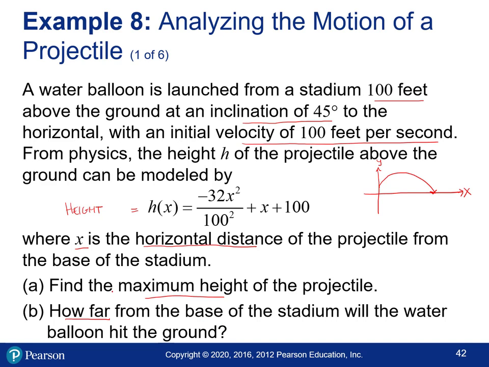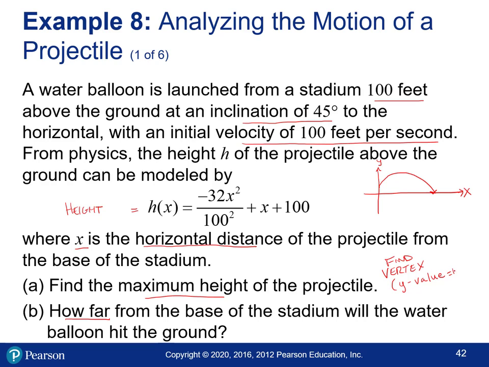Okay, so think about what these questions are asking, and then we'll solve them. So finding the maximum height, if this is a parabola shape that this water balloon traveled in, the maximum height is going to be from the vertex. So for part A, we have to find the vertex, and then we want the y value. Y value, because that is the height.